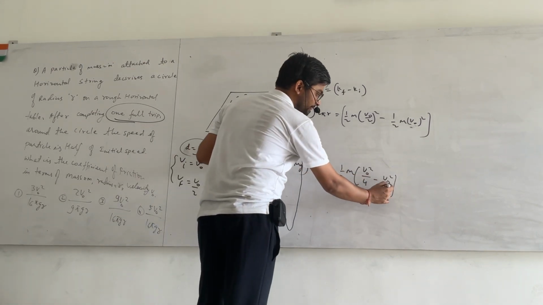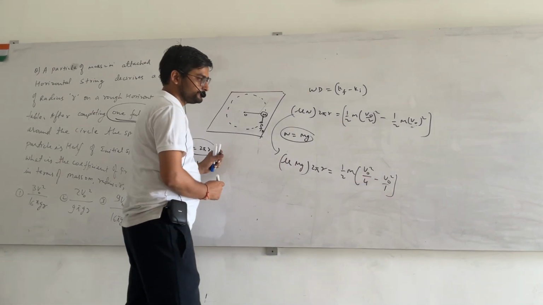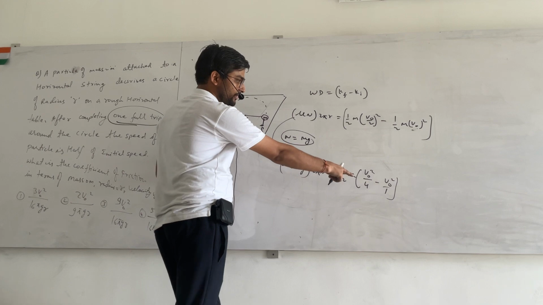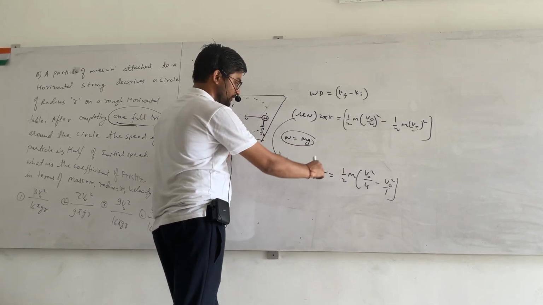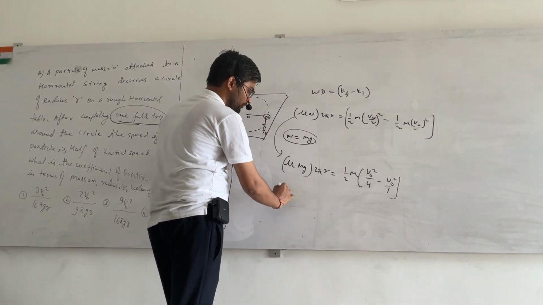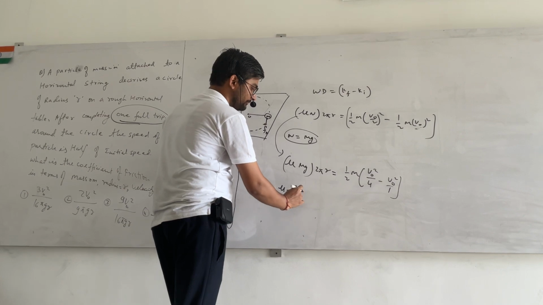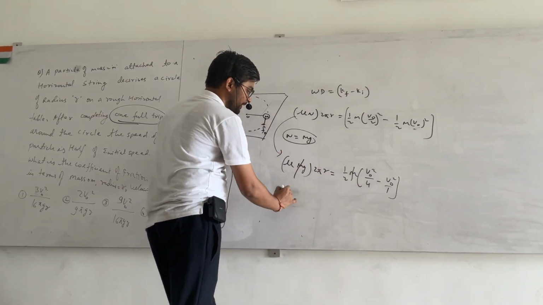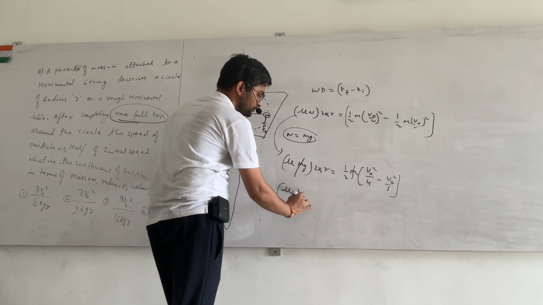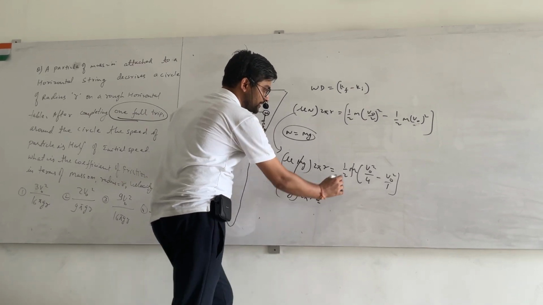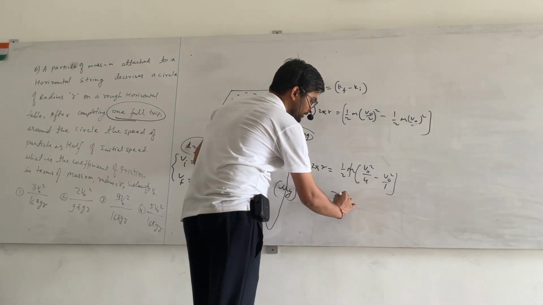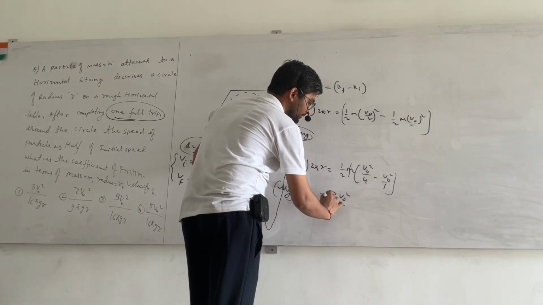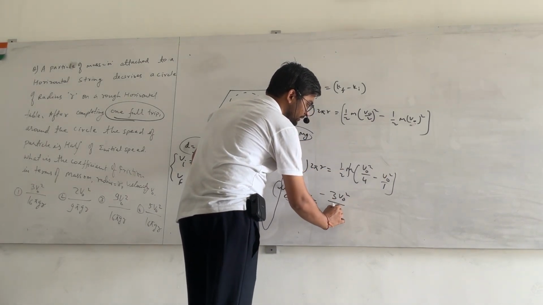Taking the LCM, we get minus 3 V naught squared by 4. Cancelling m on both sides, mu g into 2 pi r equals minus 3 V naught squared by 8.